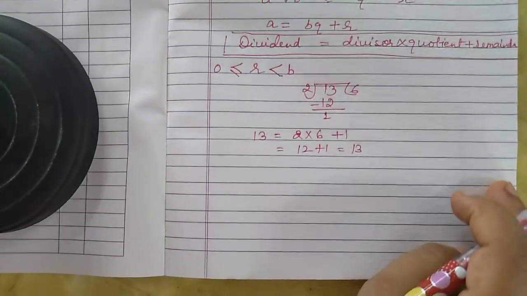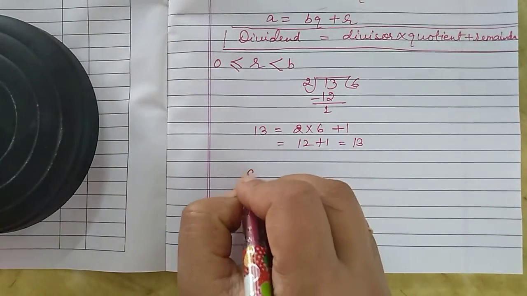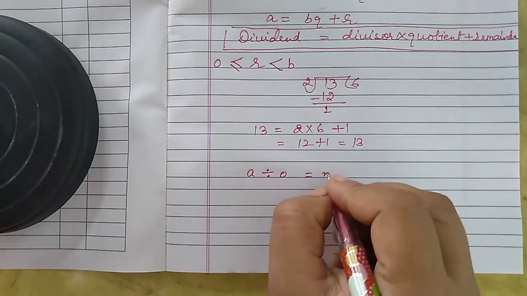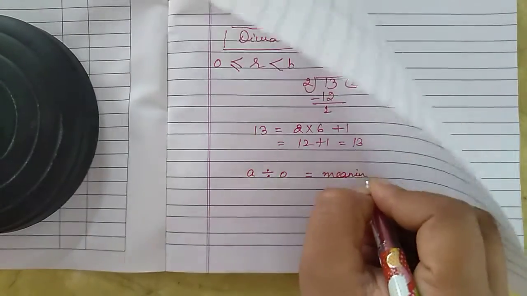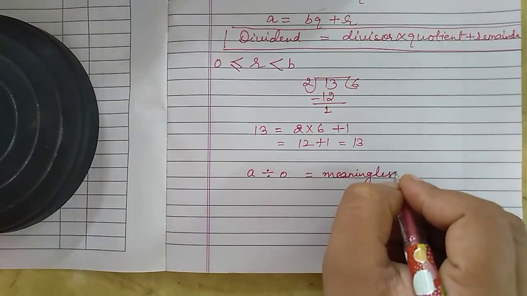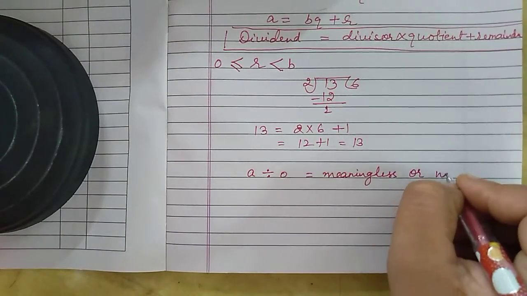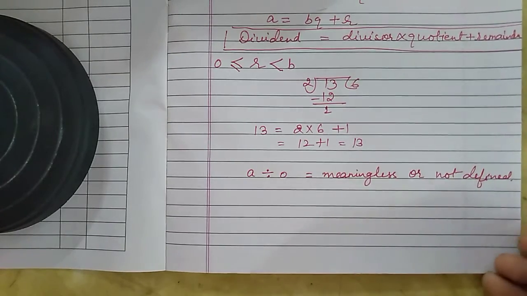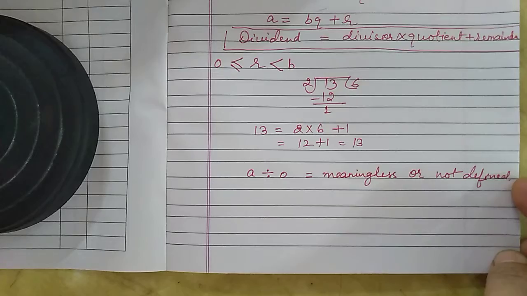And remember one most important thing: if we divide any whole number by 0, then it is always meaningless, or we can say it is not defined, because we cannot use 0 as a divisor.